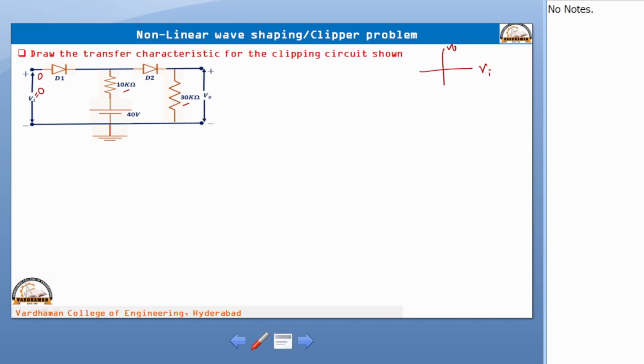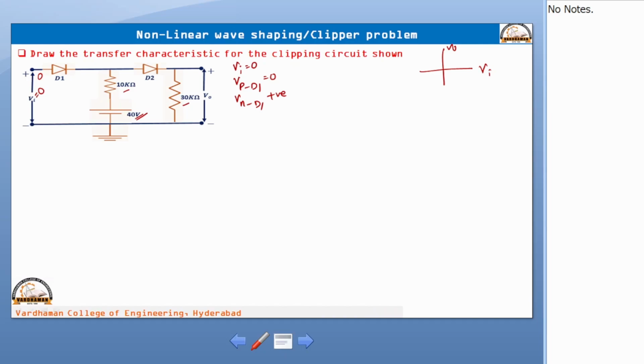We will see once again. If you make the input voltage equal to 0, that is the P side of diode D1 is 0, but the N side has a positive voltage because of this 40 volts.